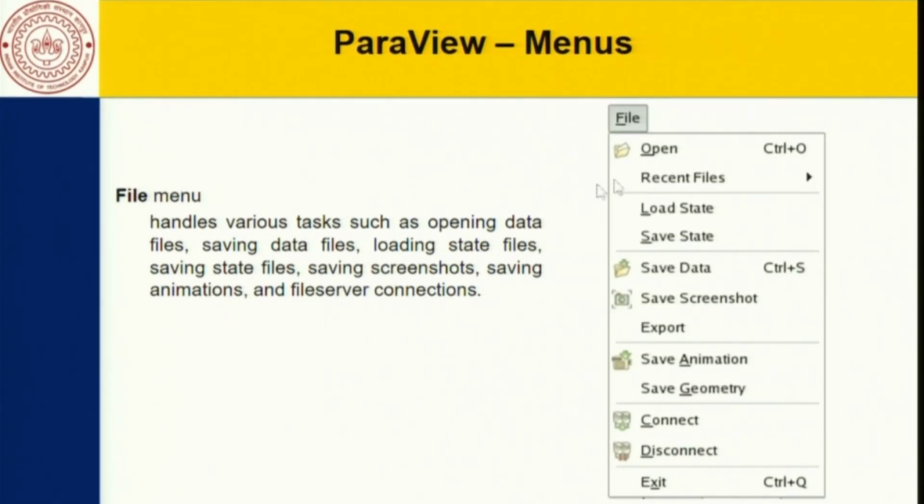Now, in the file menu, what are the options? In the file menu, there are open, recent files, load state, save state, save data, save animation. These are the options. Now, what is save state? Save state basically saves whatever modifications you have done as a PVSM file. So, whenever next time you want to upload, you can directly load that PVSM file, with no need to start from scratch.